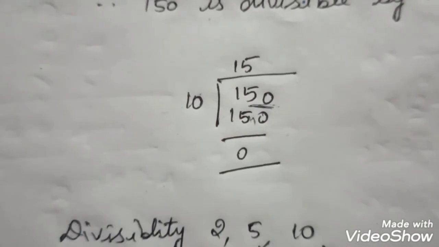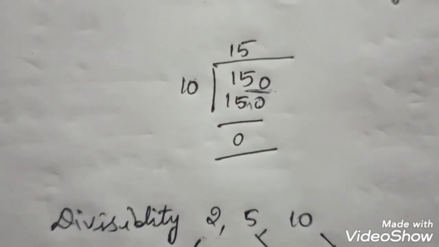So next we move on to divisibility rule 3. Now we say divisibility by 3.